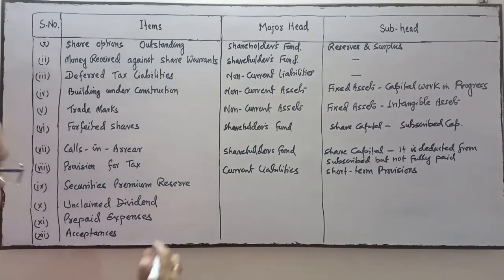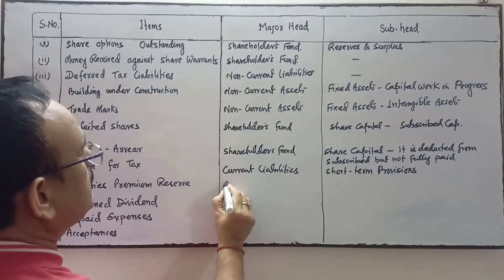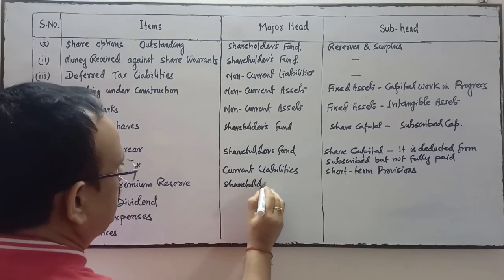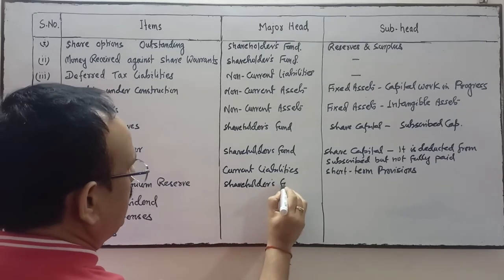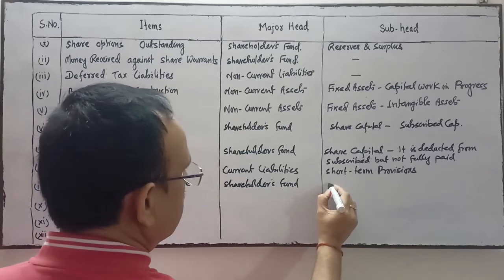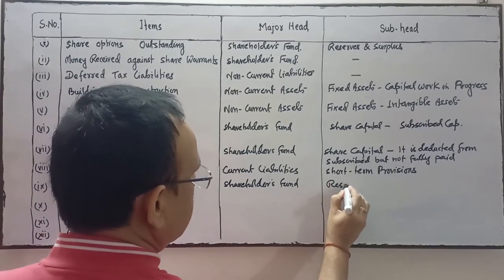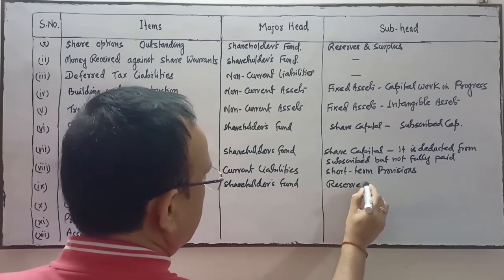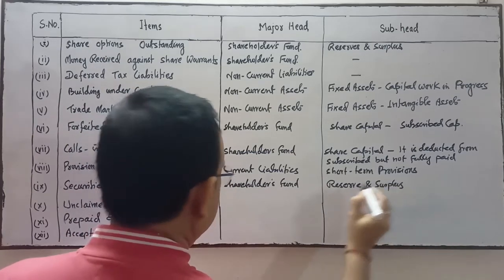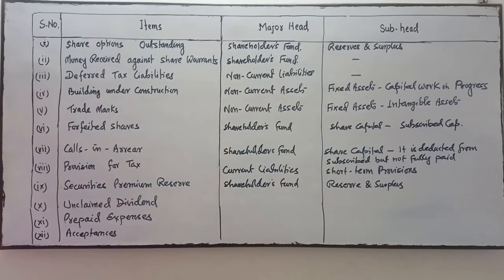Next is securities premium reserve. This comes under the shareholders fund heading, and the subheading is reserves and surplus. Okay, reserves and surplus.